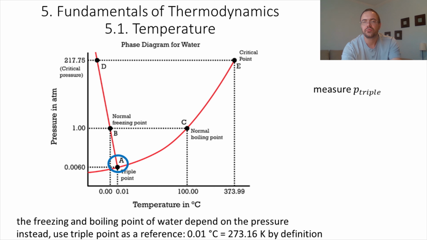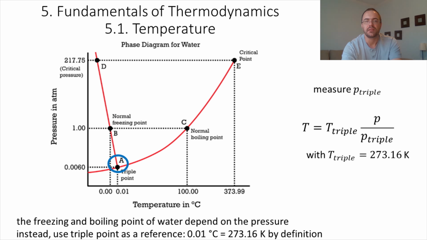Then you can go to any other temperature and read the pressure. And you know that the temperature will be given by T equal to T triple times P over P triple, with T triple, which is equal by definition to 273.16 Kelvin. And P triple is the value that you measured during the initial calibration.